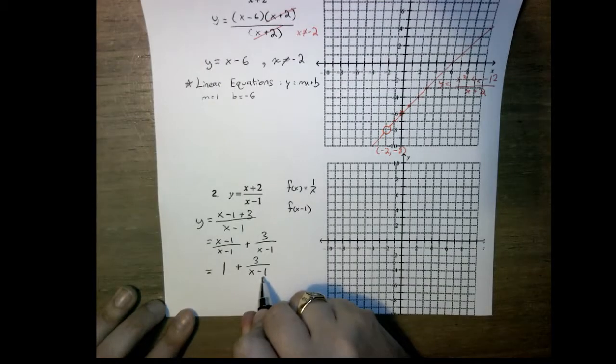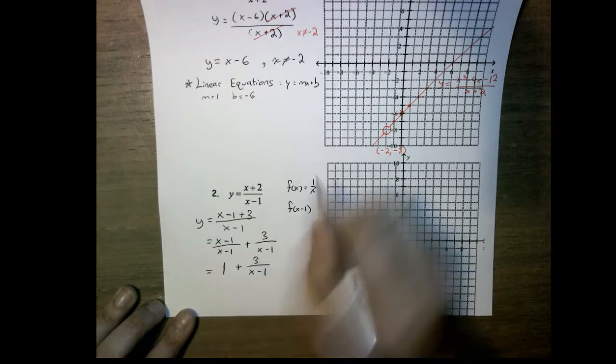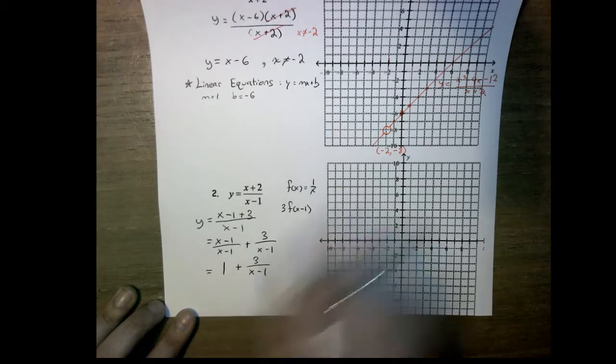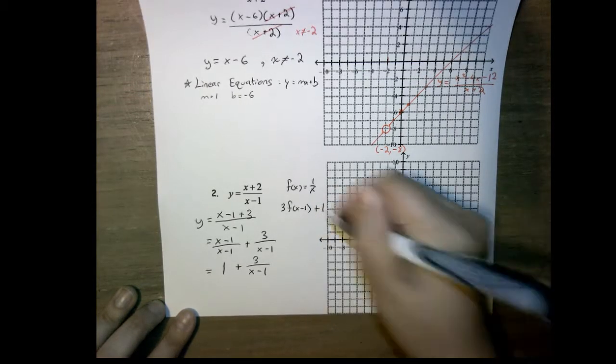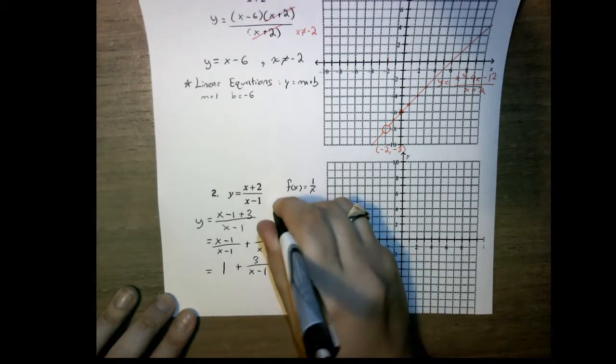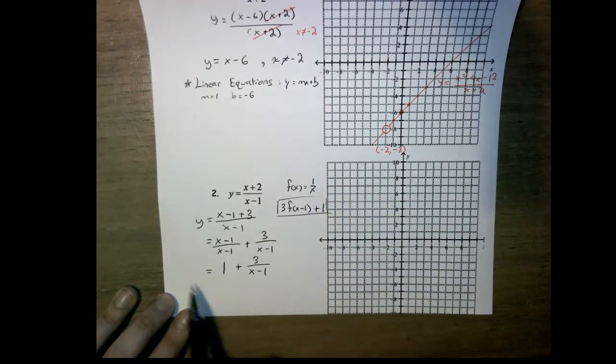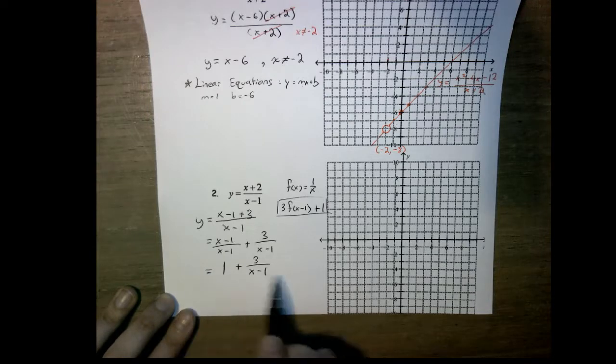I have a vertical stretch of 3, so I'm multiplying it by 3. And a vertical translation of 1. So this is the transformation that's happened to 1 over x in order to get this new expression 1 plus 3 over x minus 1.